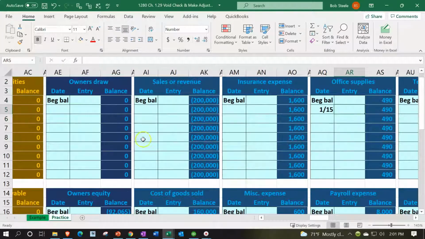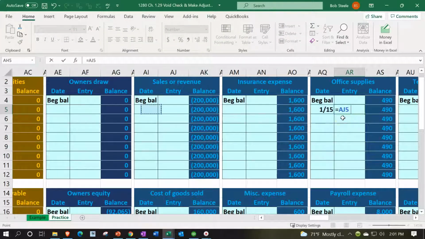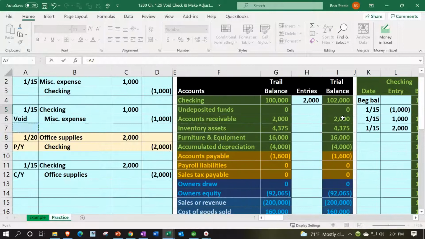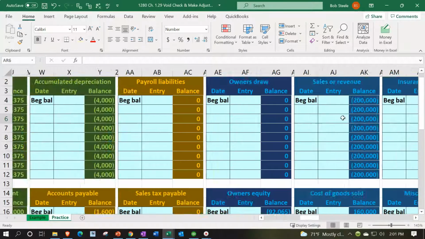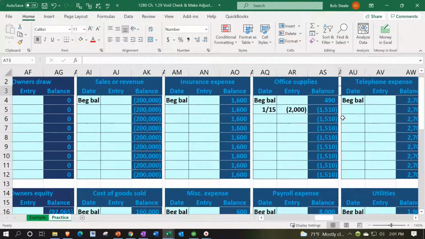I'm in cell AR5. We're going to say equals. Hold the left arrow down till we hit the wall. And then we're going to scroll down to that office supplies, that 2000. So again, the office supplies only had 490 in it. We took it down 2000, making it negative, which is funny for an expense. And that's because of that timing difference that we're reversing something that happened in the prior period.